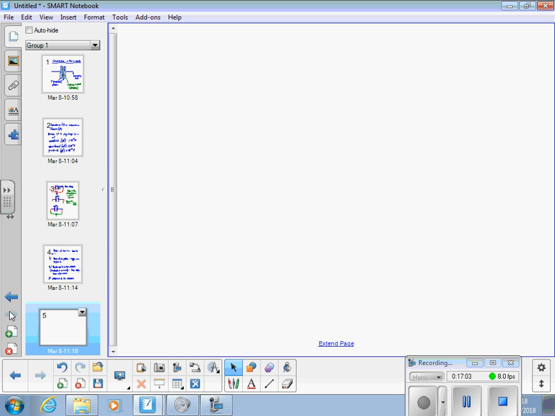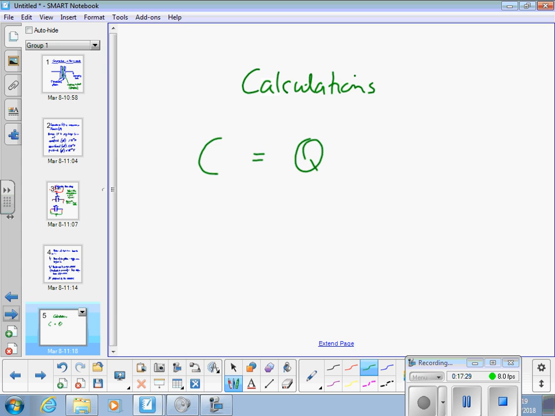That wouldn't be science if we didn't have a bit of maths. C is equal to Q divided by V. Q is the charge, in coulombs, C-O-U-L-O-M-B-S.